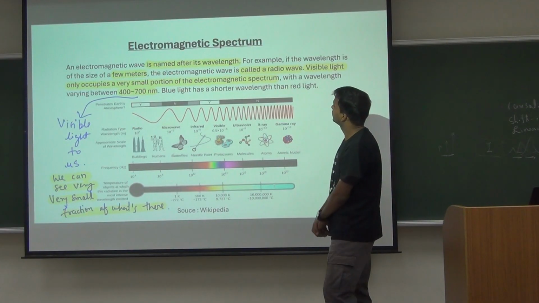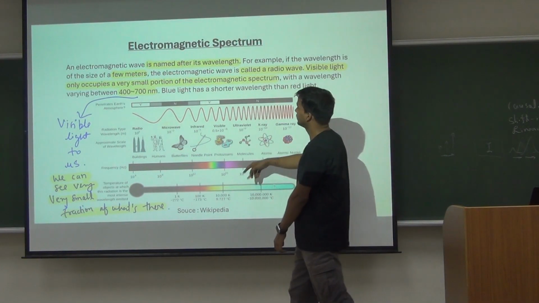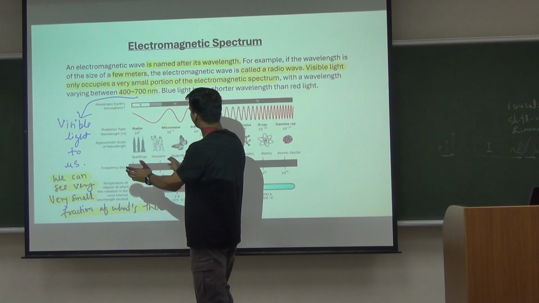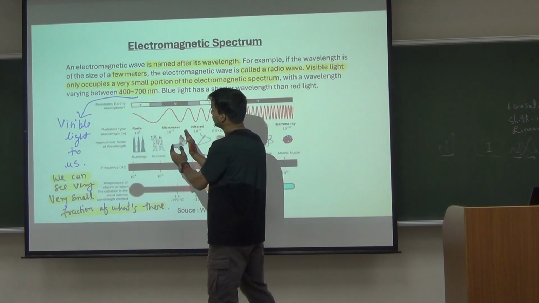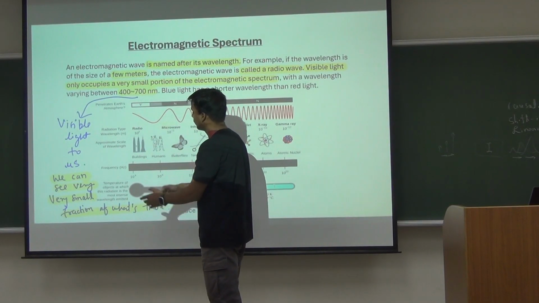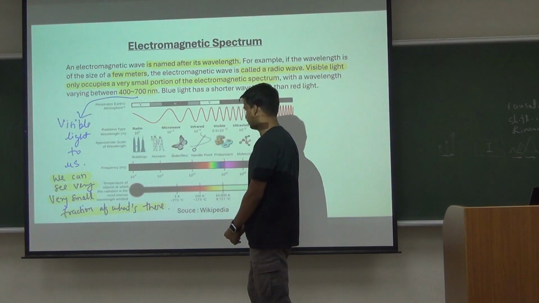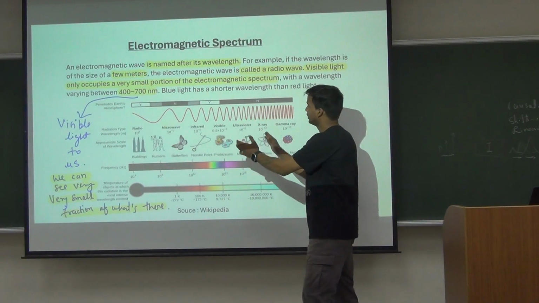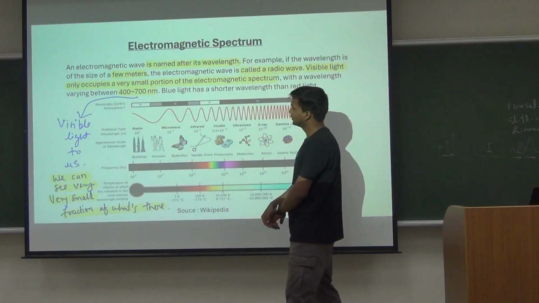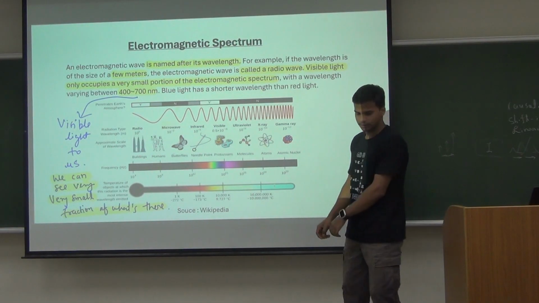Another interesting thing is that visible light, the light that we can see, covers a very small fraction of the electromagnetic spectrum, just 400 to 700 nanometers. That's all that we can see. The rest of it we cannot see. So it's an interesting thing.